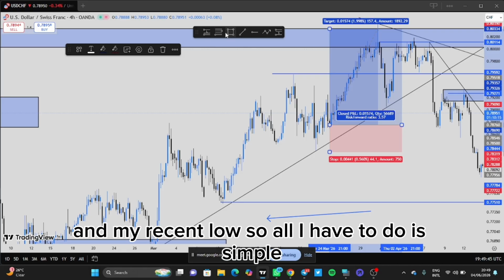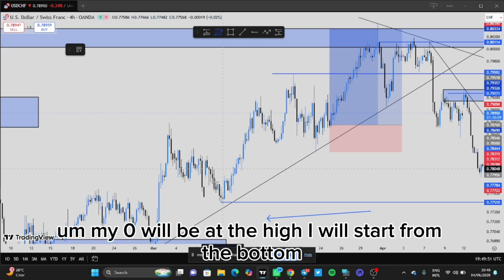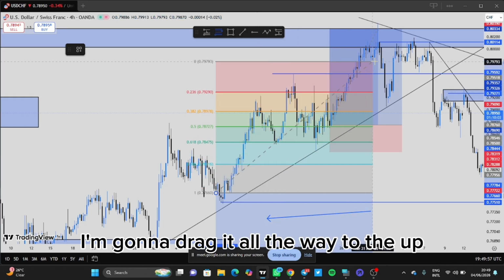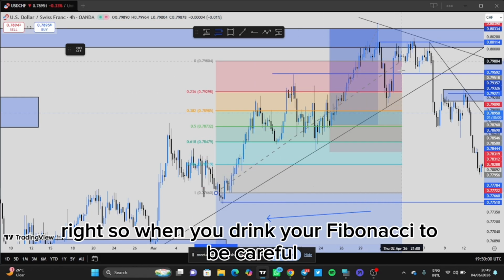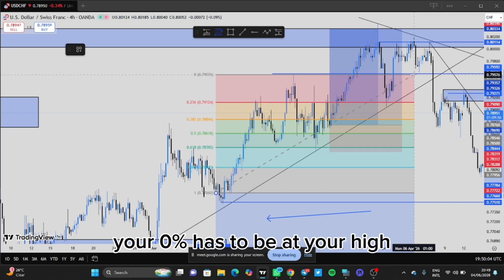So all I have to do is simply bring out my Fibonacci retracement tool, draw my zero. My zero will be at the high. I will start from the bottom to the up, right? So from the bottom right here, I'm going to drag it all the way to the up. So when you draw your Fibonacci tool, be careful. Your 0% has to be at your high.